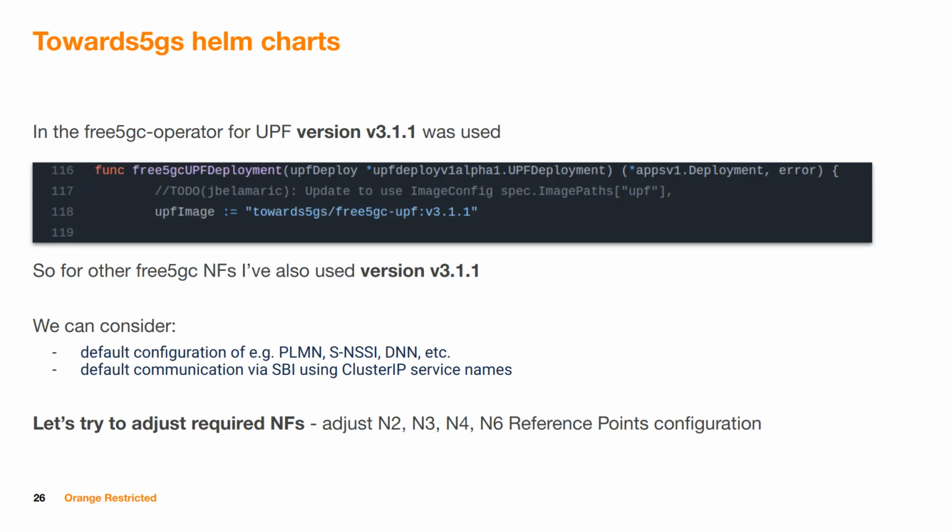Also, we leave the default configuration for communication via SBI, which uses cluster IPs. So we assume that all the network functions except UPF are in the same cluster, in the same namespace. So we will focus on just the N2, N3, N4, and N6 reference points of the network functions.